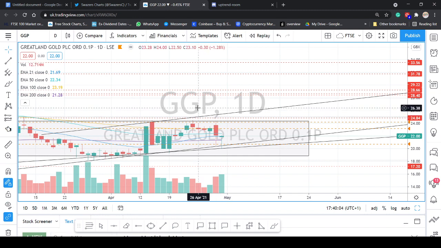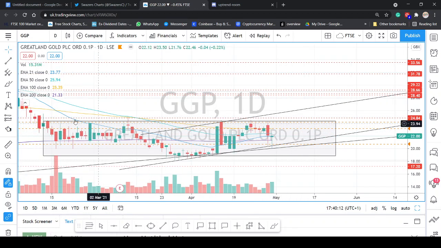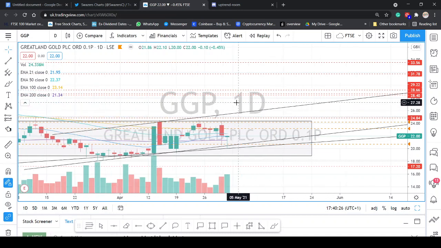What I like about GGP is we've got some cracking market structure up ahead. There's a level of resistance that price has stubbornly not really wanted to get past, which price really needs to get over: 24.30, or 24.34p to be specific. That's a great candle.